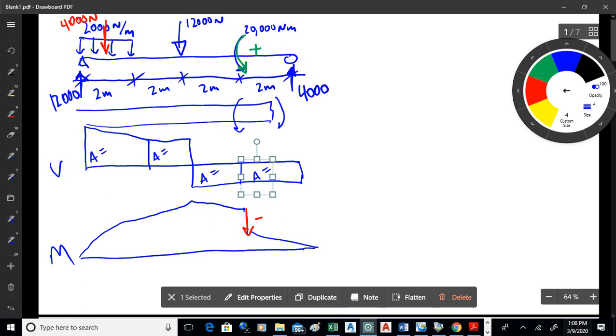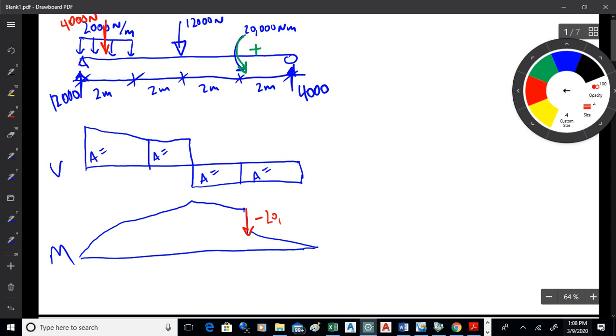So the beam reacts like that, see? The beam reaction is what you're tracking, so it's negative. So that's why that goes down, okay? So what's going to happen there is this is going to be a minus 20,000. Now, that's the change in moment. Okay.